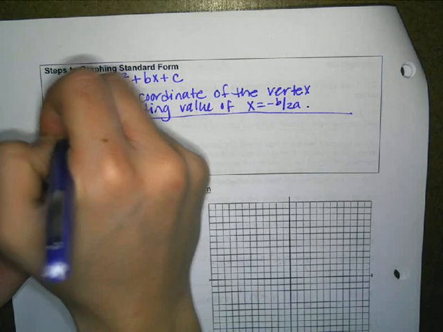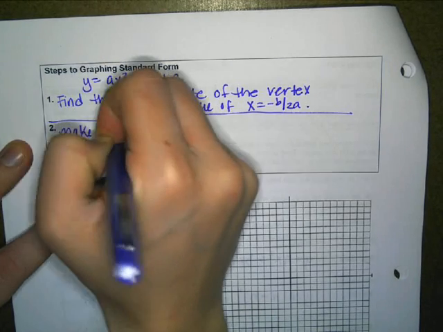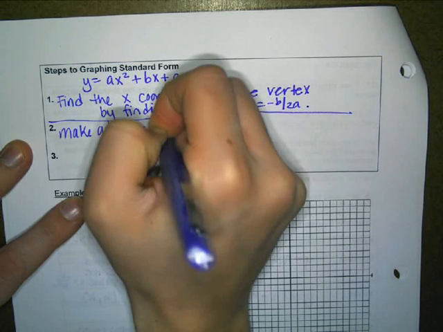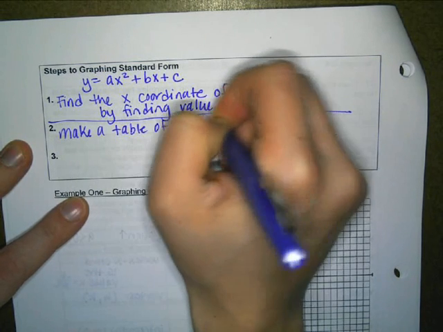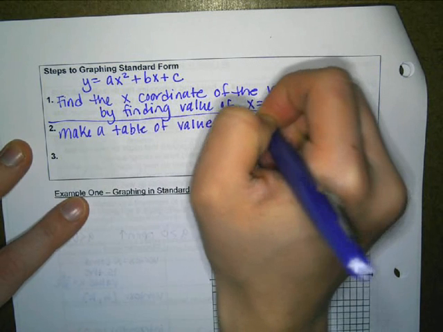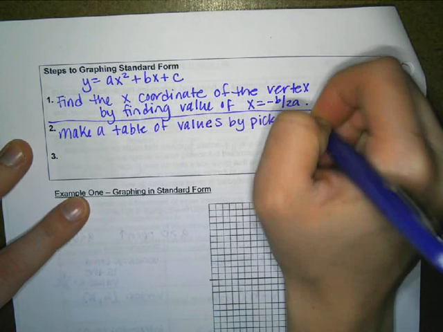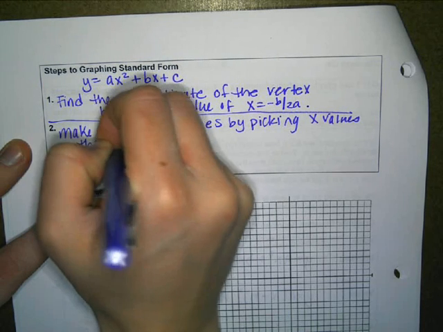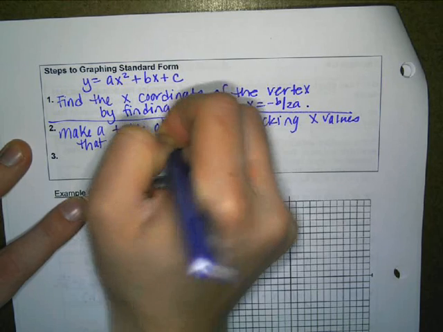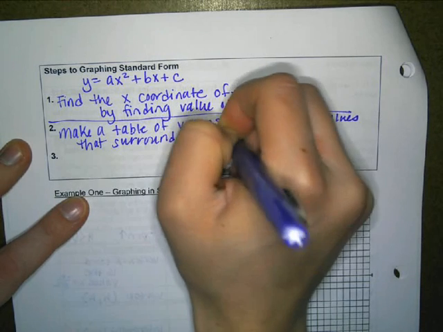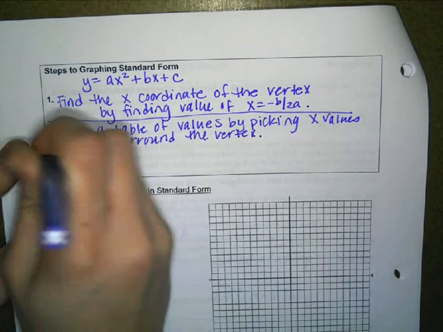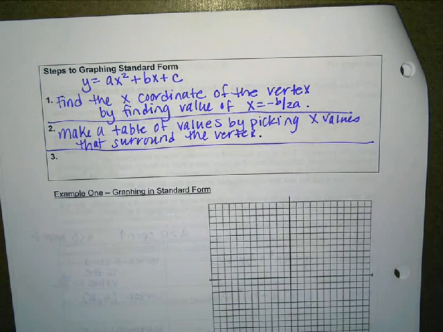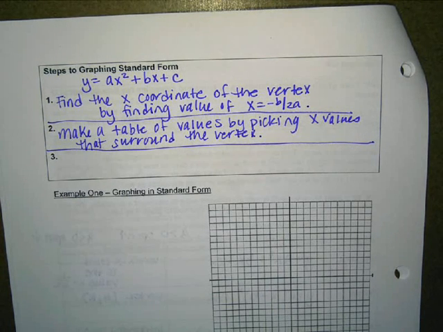Then we make a table of values by picking x values that surround the vertex. The reason we start with the vertex is because if you don't start with the vertex and you just randomly start picking points, you might only get points on one half of the parabola.